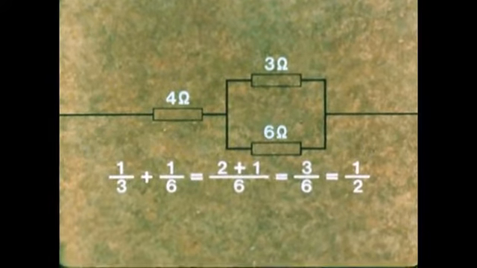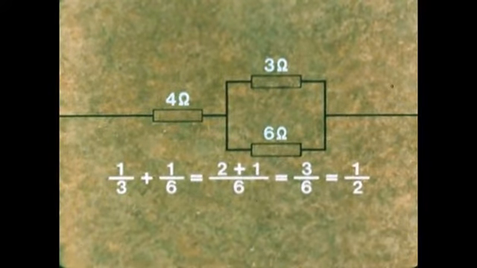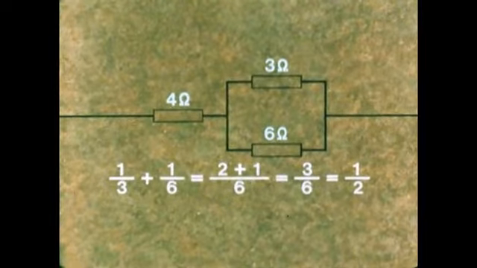So the resistance of this part of the circuit is 1 over 2 ohms, which we must now remember to invert to 2 ohms. Now we can think of the circuit as a simple series circuit with 4 ohms and a 2 ohms resistance. So RT equals 6 ohms.